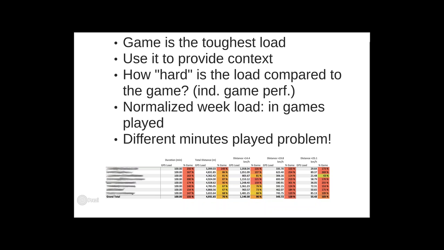So we're basically normalizing the game based on the duration of the game or minutes played per individual, and then we use that across multiple games to give us a glimpse of the hardest session, and then we use that to normalize the session. So we can see again which session is hard and which is easy.